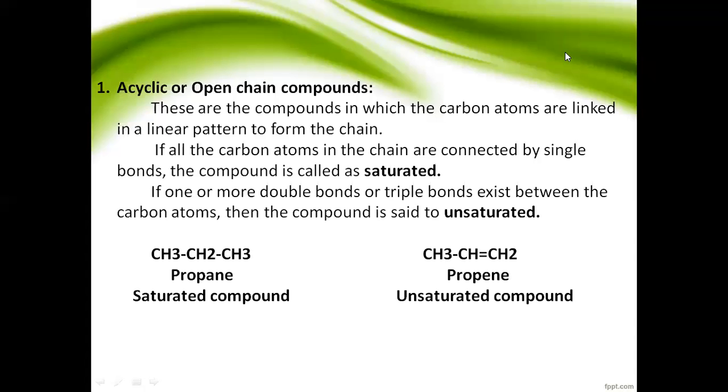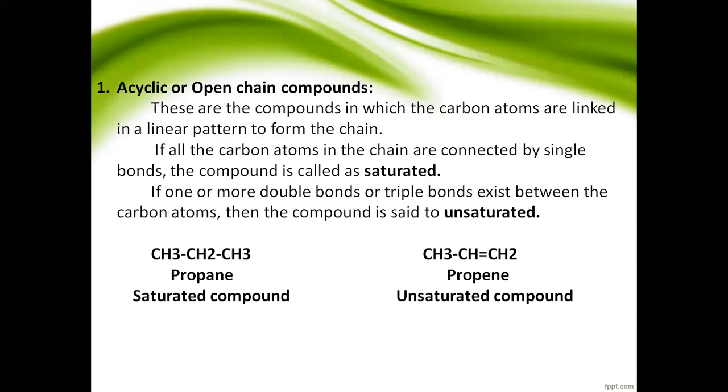So acyclic or open chain compounds have a linear pattern to form a chain. This is divided into two types, that is saturated and unsaturated. Saturated is also a linear pattern to form a chain, but only with single bonds. For example, propane.